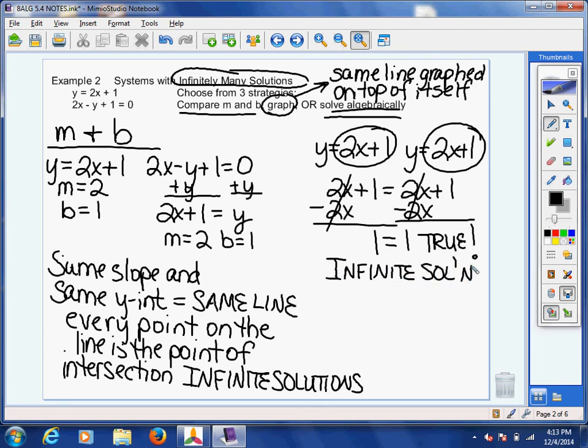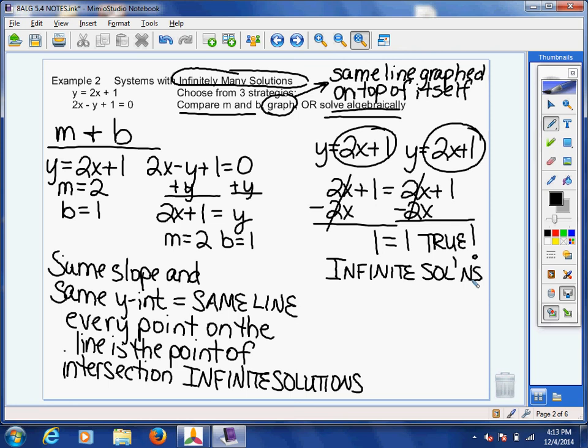I'm trying to get you to see that there are 3 possibilities for answers. Either the lines crisscross at one point, or they don't crisscross at all because they're parallel, so there's no solution, or it's the same line graphed on top of itself, so infinite solutions exist. That's example 2, and hopefully I made perfect sense.